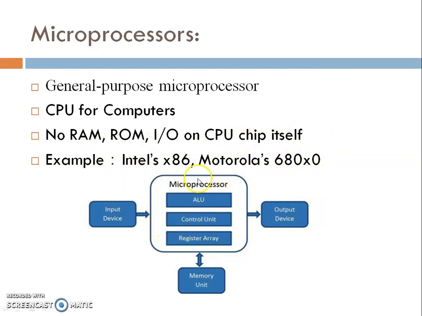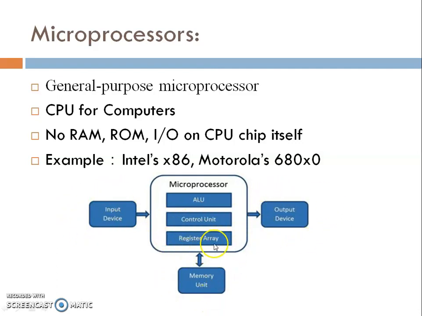This is the block diagram of a microprocessor. Basically in a microprocessor there are three parts: ALU, arithmetic and logical unit, control unit, and register array. The ALU performs arithmetic and logical functions. The control unit controls all the external devices like input device, output device and memory.